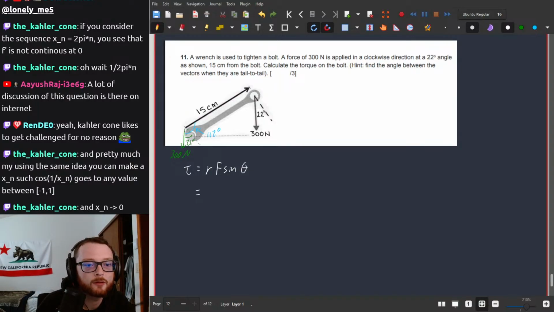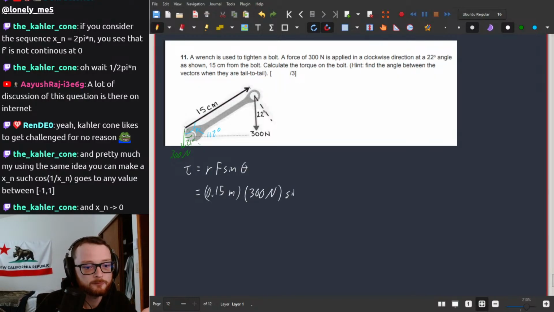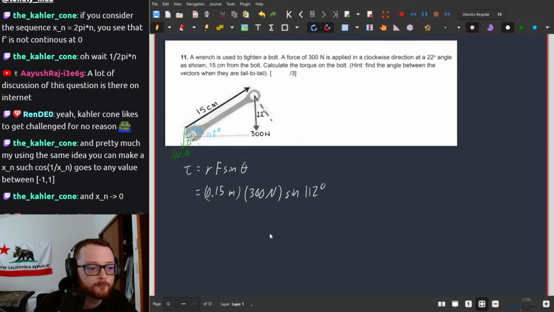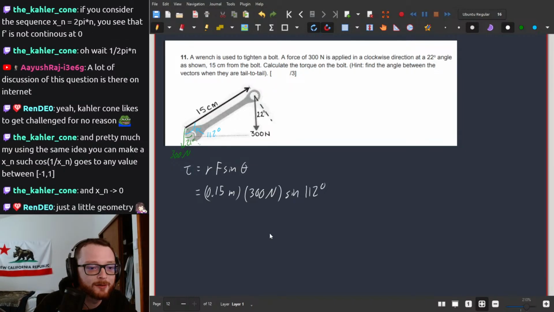So the radius, I probably want that in meters, right? So 0.15. 300 newtons. Sine 112. I think that's all we need to do. It's a little geometry, yeah. 0.15 times 300, that should be 45. See how good my mental math is. I'm not going to do mental math for sine of 112.